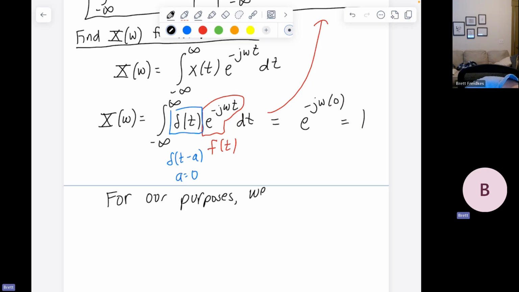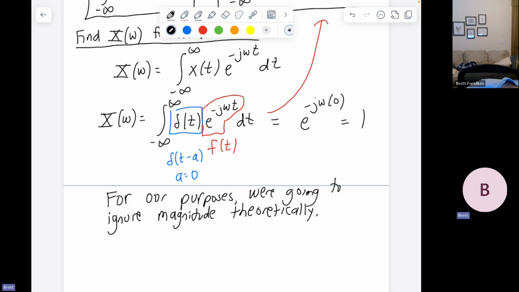We're going to ignore the magnitude, theoretically, only focusing on where or what frequencies are present.